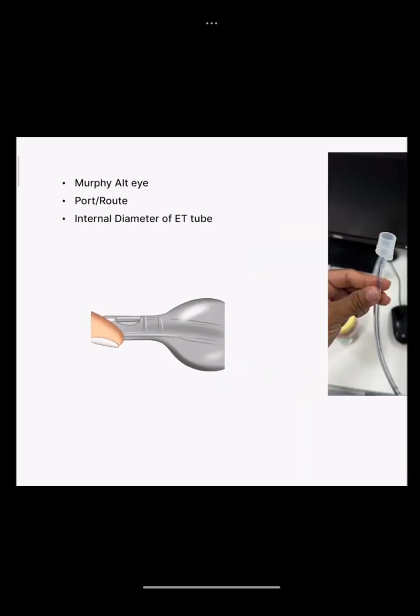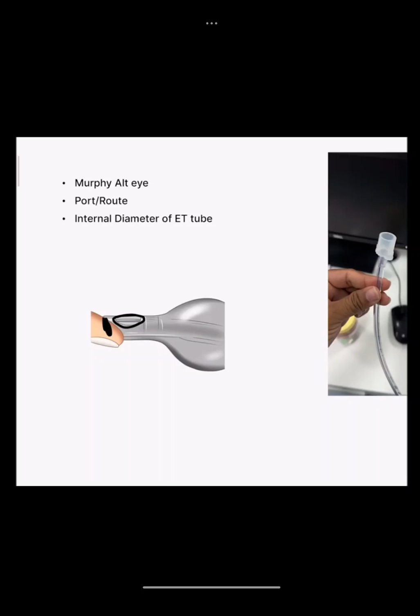Okay, next. Now, in the endotracheal tube, guys, we also need to remember that the tube will have one opening over here and one opening on the lateral side.